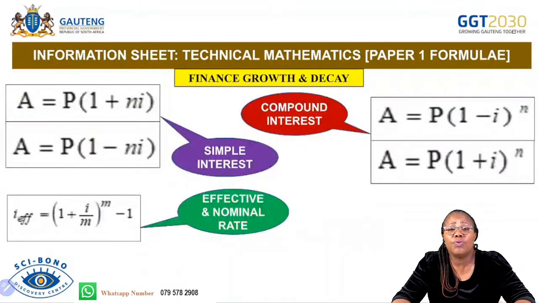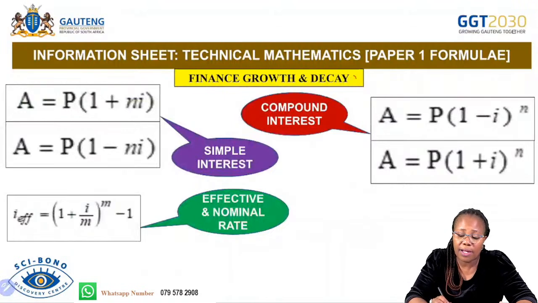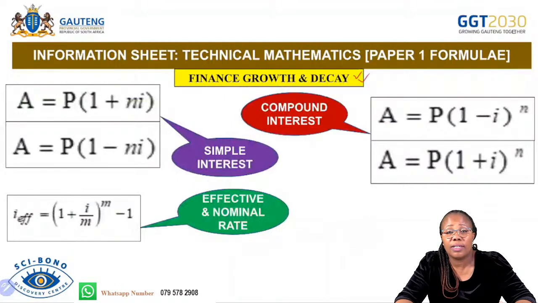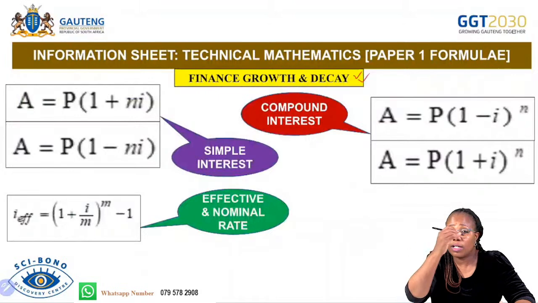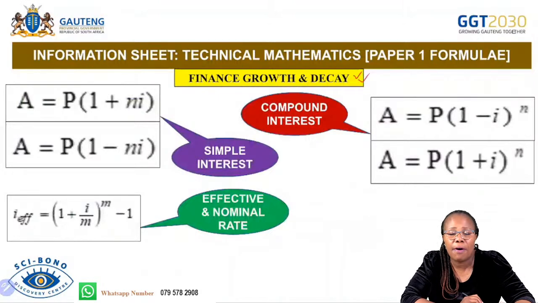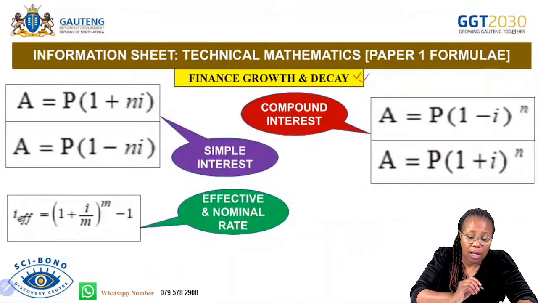And then continue with your formula sheet. We have formulas that are meant only for finance, growth, and decay. Immediately after the exponential and the log, the formulas you'll have are for finance, growth, and decay. The first two are talking about simple interest.